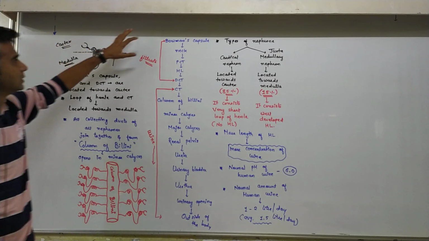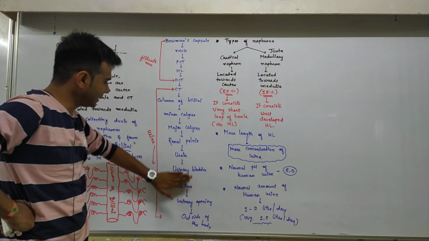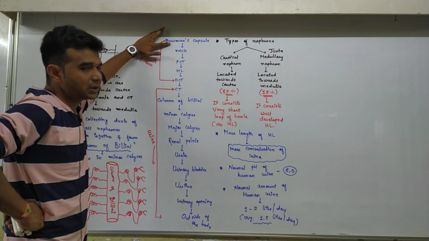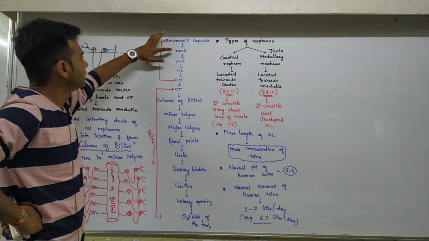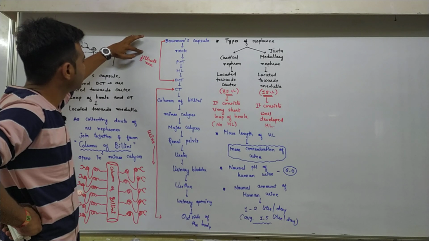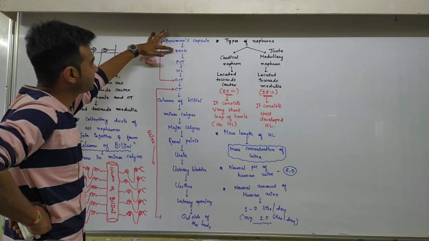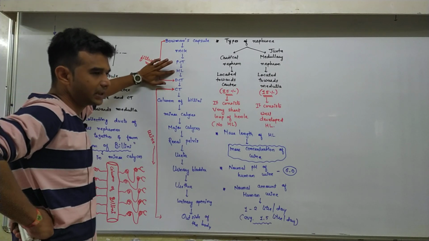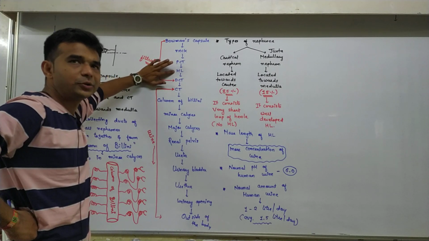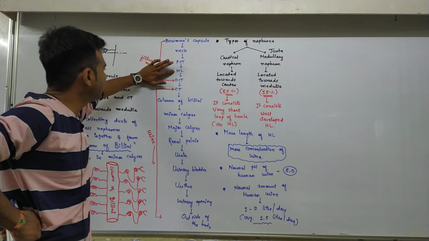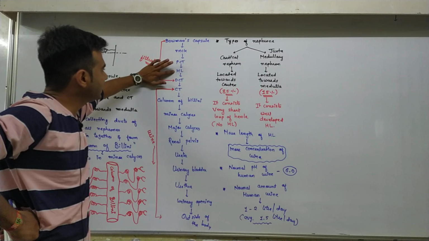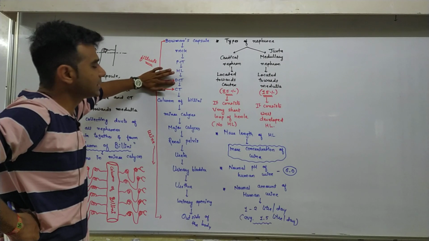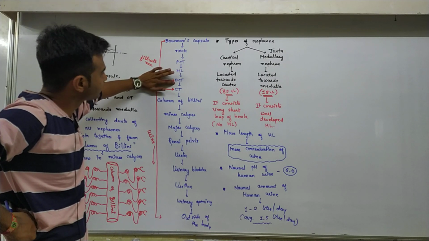So here this is the wall chart, and in Bowman's capsule the blood is filtered and filtrate is formed. Now the filtrate passes through the neck, PCT, and loop of Henle. You know that two regions are there in the loop of Henle, descending limb and ascending limb, then the distal convoluted tubule.